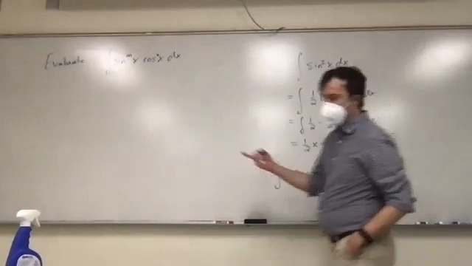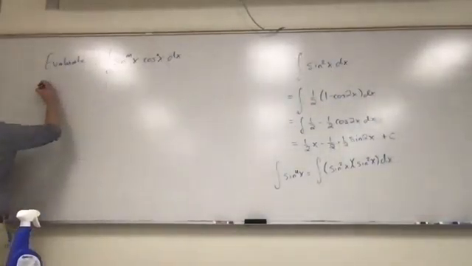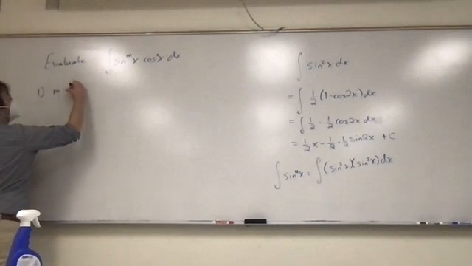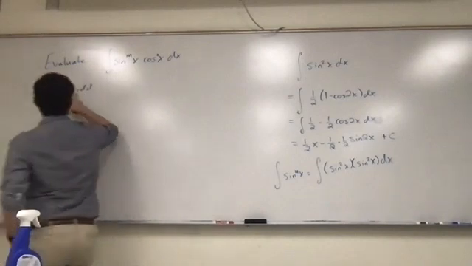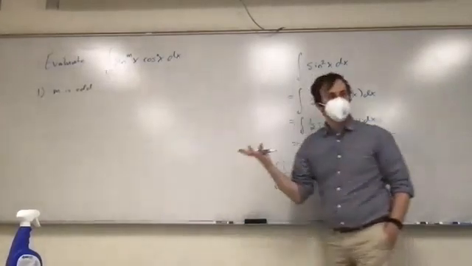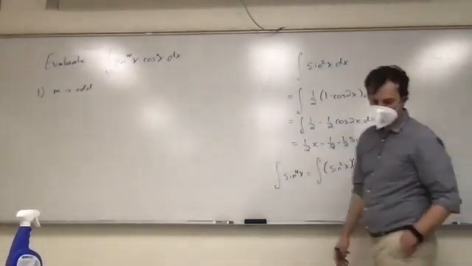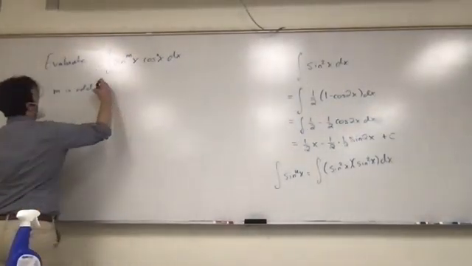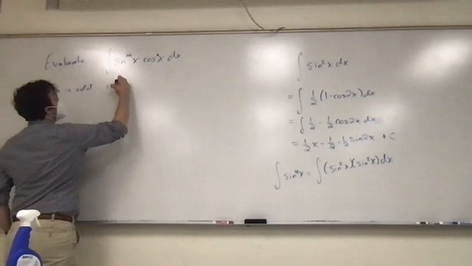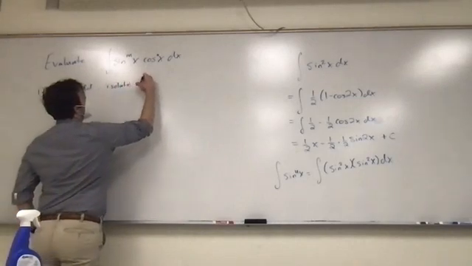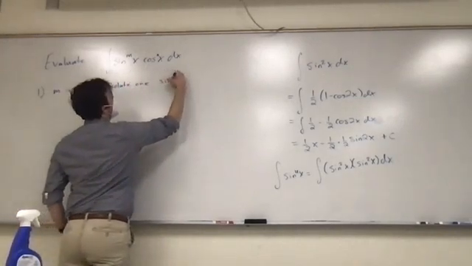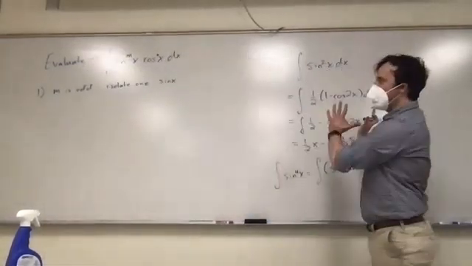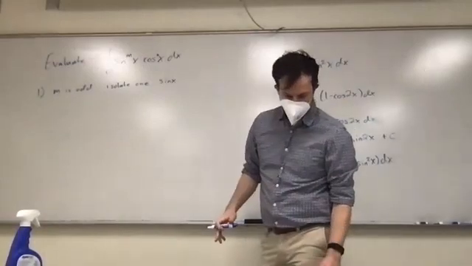Example 1 is if m is odd, which was sine to the 5th. What we did was isolate one of the sine x's, breaking it off from the big power of sine.